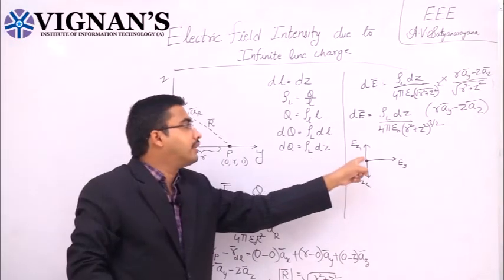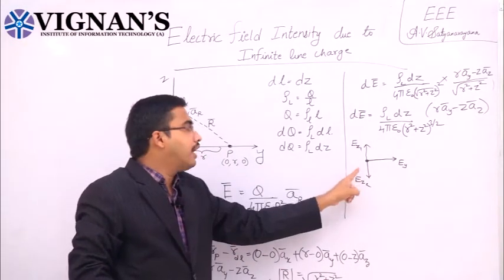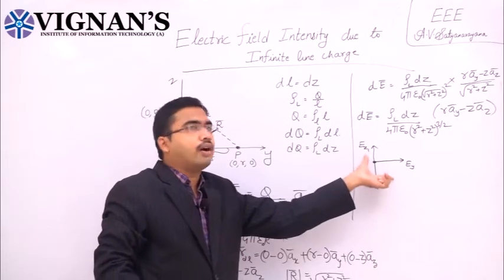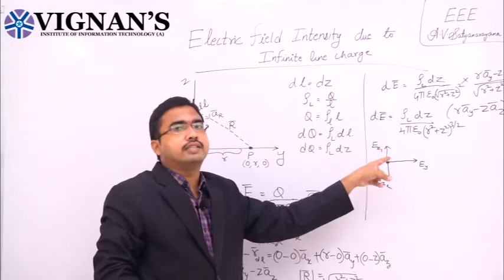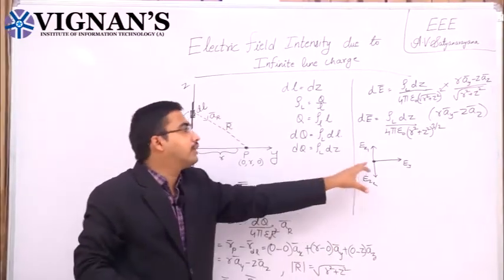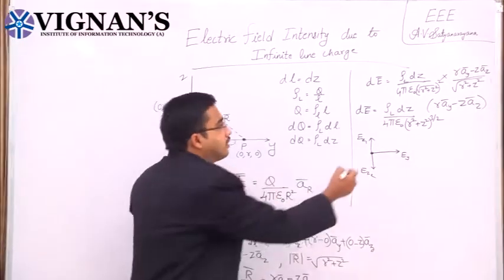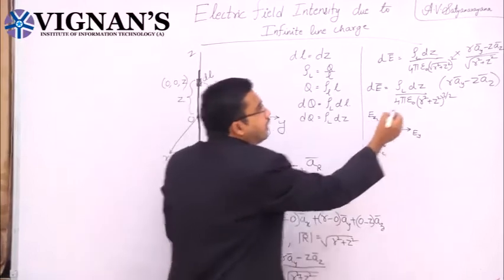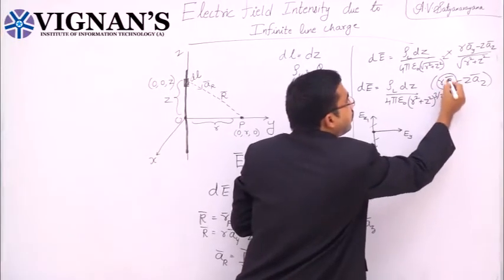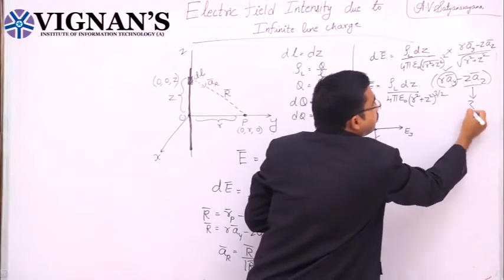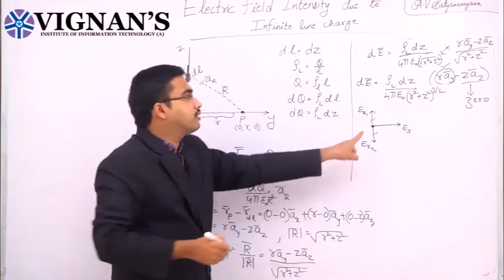How much E is acting in the positive direction, the same E will be acting in the negative direction also. So overall the electric field intensity on the z axis will be completely cancelled. You will have electric field intensity only on y axis. This will be cancelled. Okay. So only the y component will be present and this z component will become 0. So because of this concept.